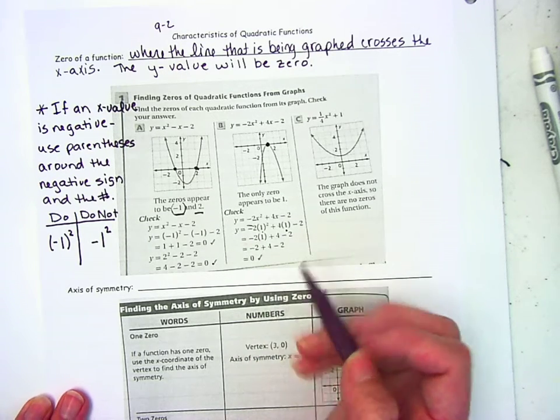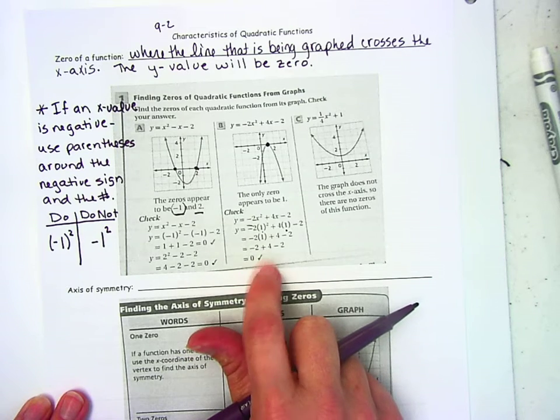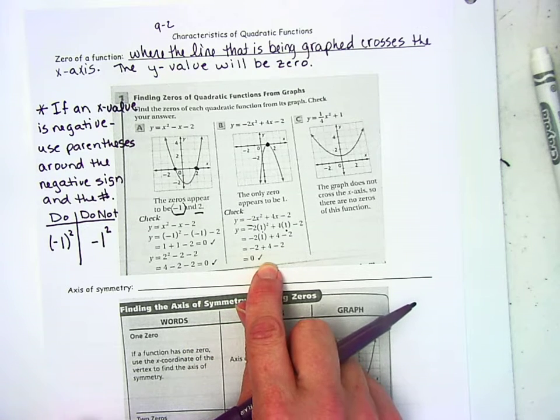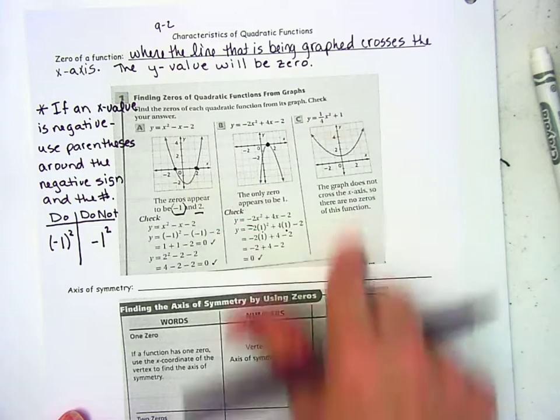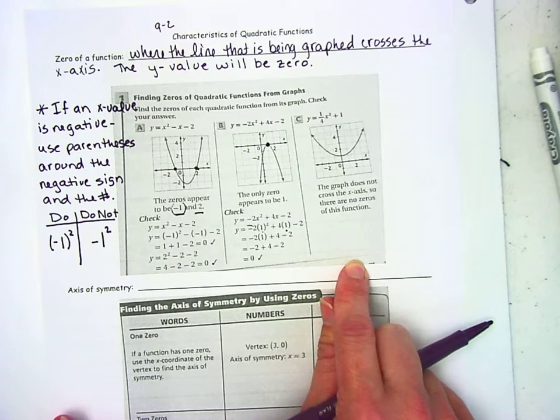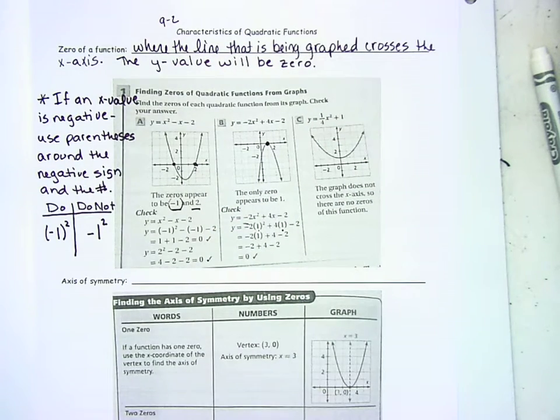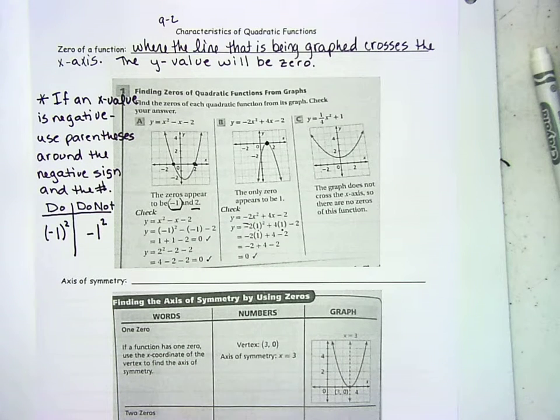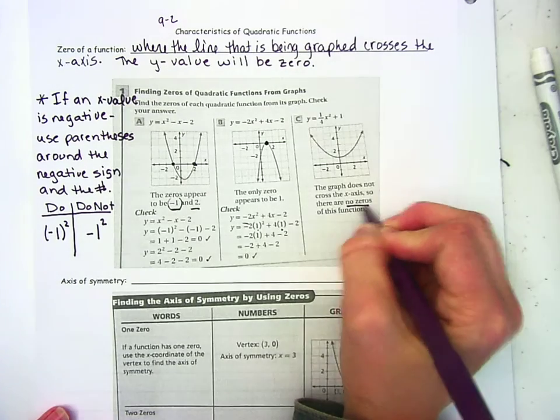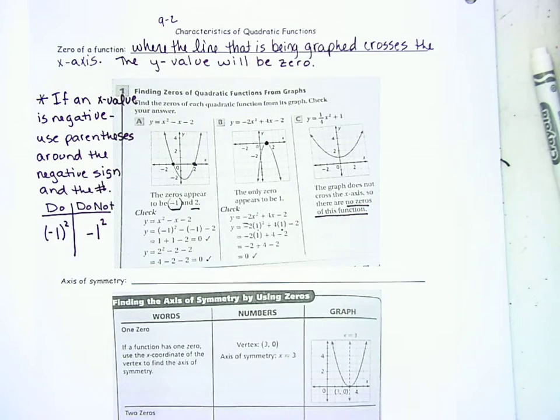So that one checks out. If there's one spot, then you should have one check. Then we have this third situation. The parabola does not cross the x-axis. So you're just going to say there are no zeros of this function. That's all you need to say.